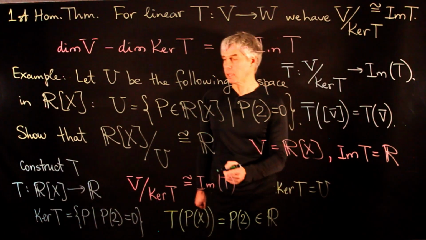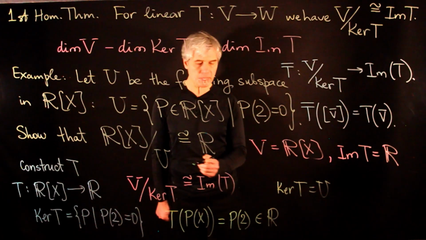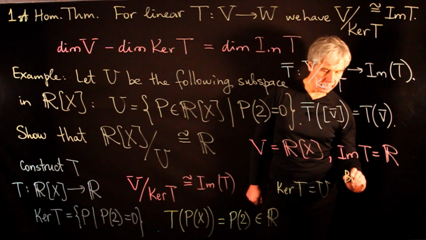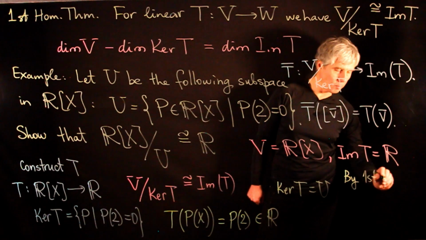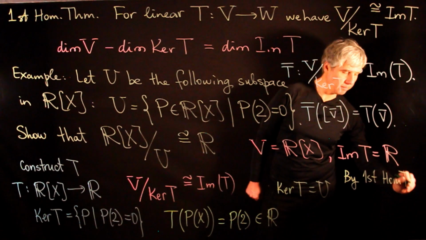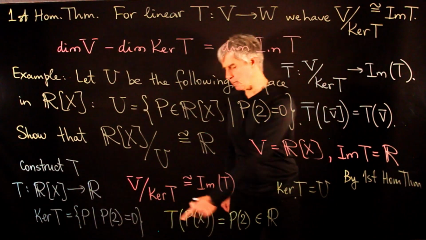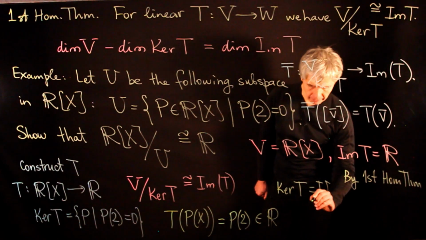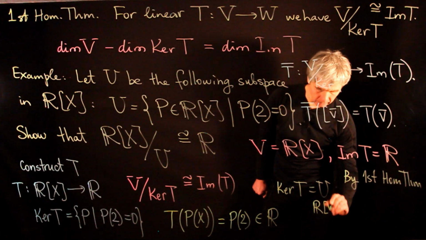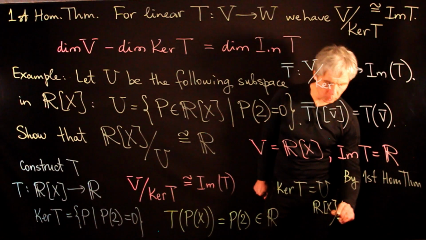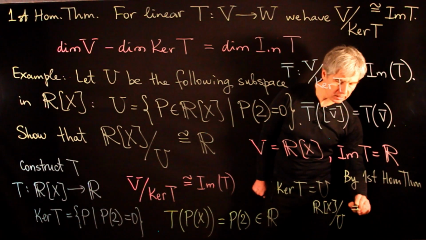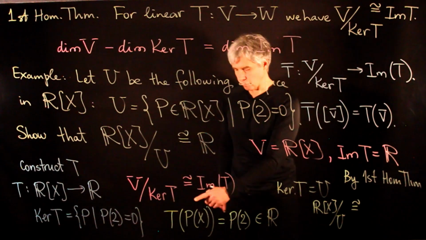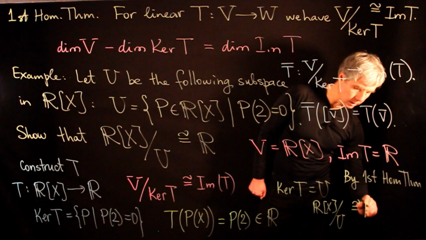And then, by the first homomorphism theorem applied to this linear transformation that we have just constructed, we obtain that the space of polynomials quotient by the kernel of T, which is U, is isomorphic to the image of T, which is the real numbers.